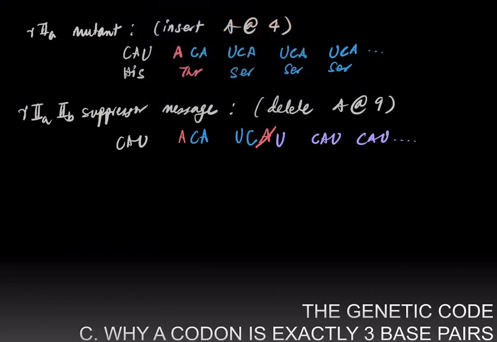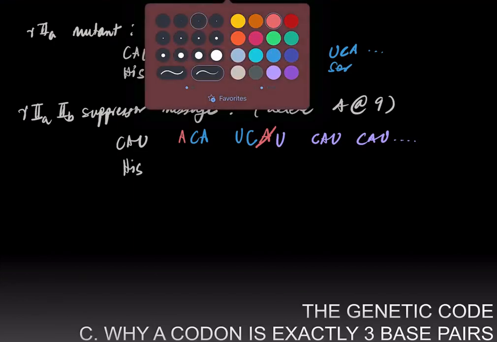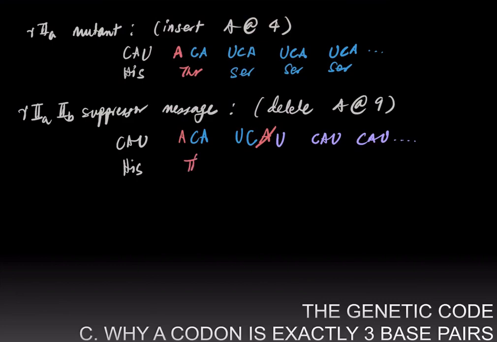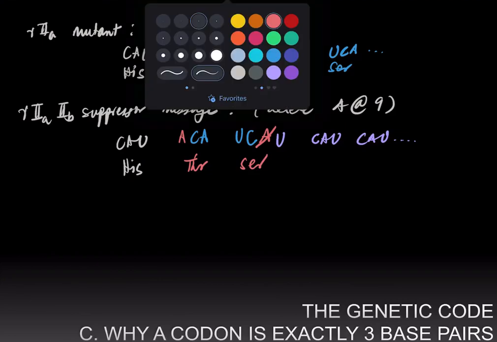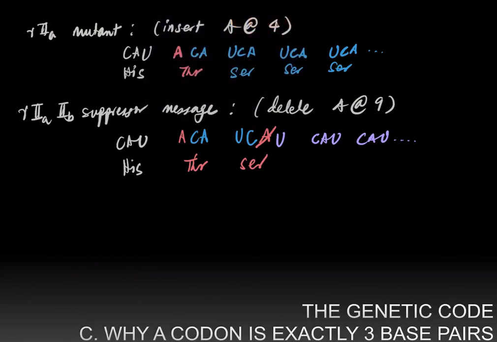This will result in a polypeptide that's histidine, threonine, serine, with a reversion to histidine starting at the 4th amino acid.